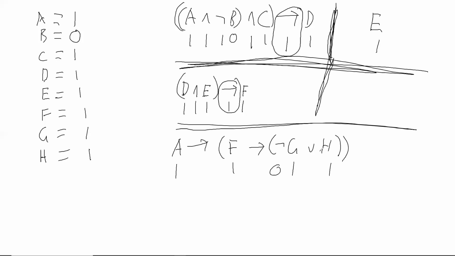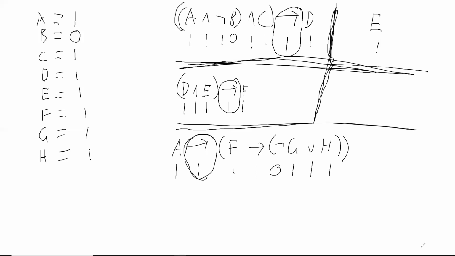And a disjunction between 1 and 0 is 1. A conditional from 1 to 1 is 1, and a conditional from 1 to 1 is 1. So this counterexample makes this whole thing true as well.